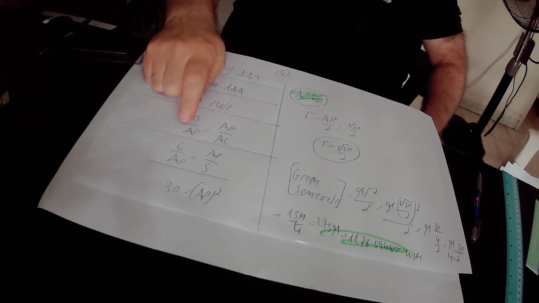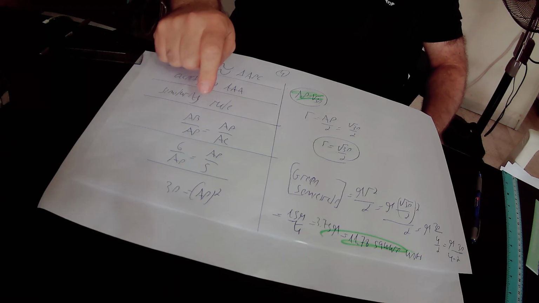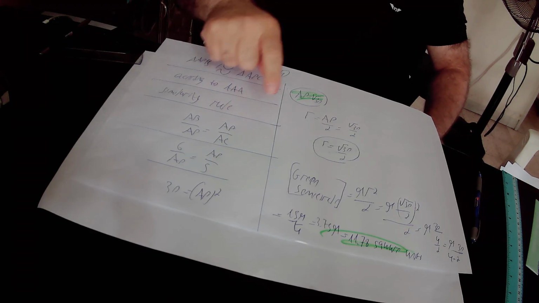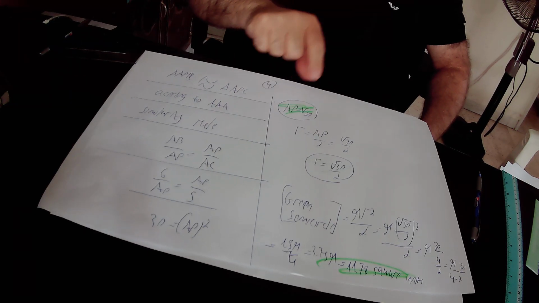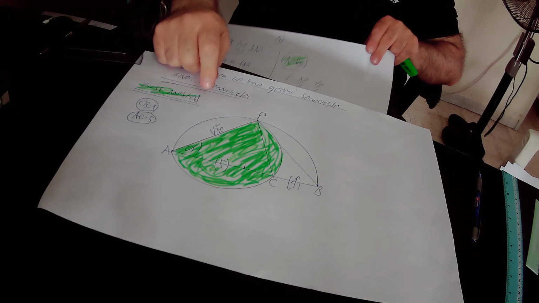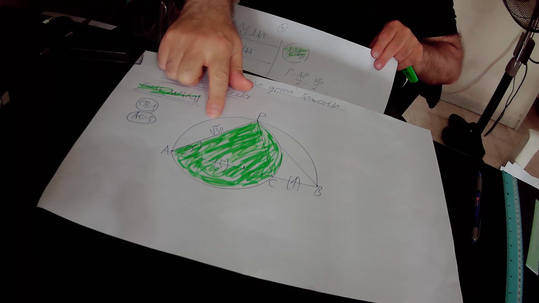Because I multiply this equation, we finally found out that 5 times 6, that is 30, equals AP times AP, that is AP squared. So 30 equals AP squared. We took the square root of the equation and finally found out that AP equals the square root of 30 units in its length.